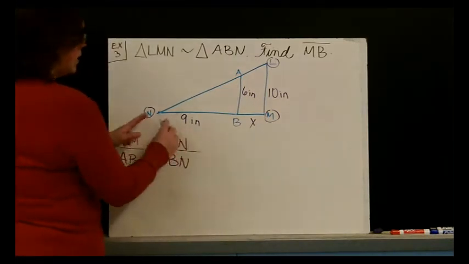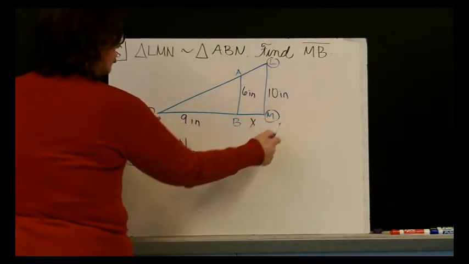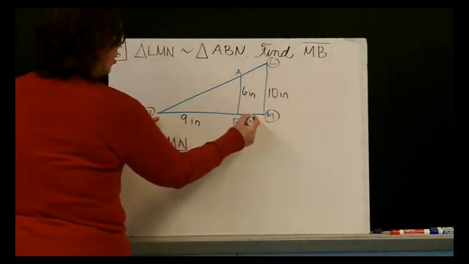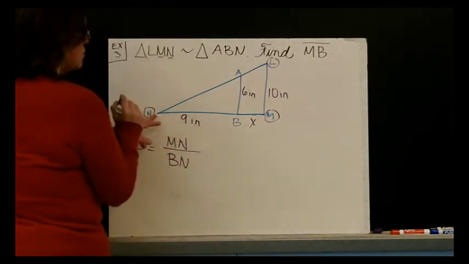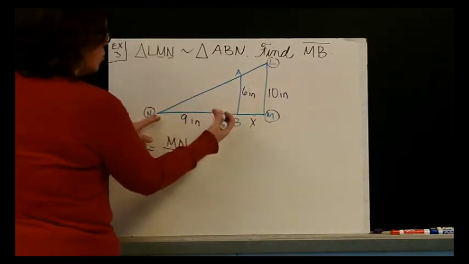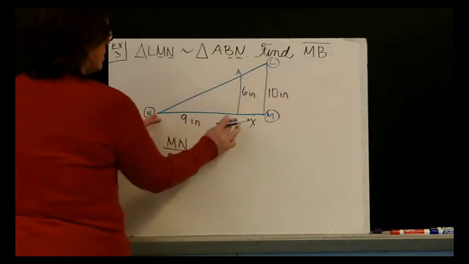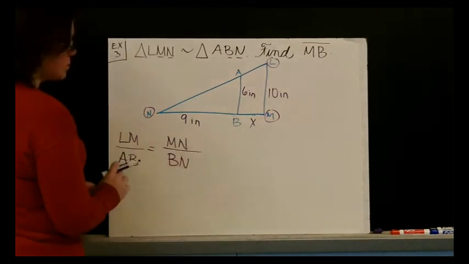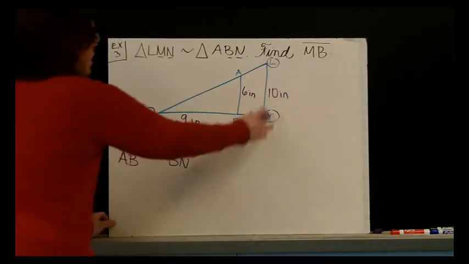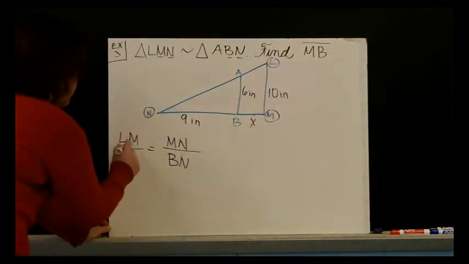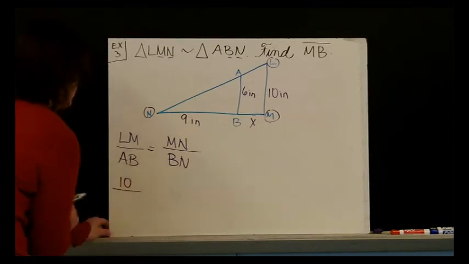Do you see that? The base of the larger triangle goes from point M all the way to point N, MN. And then the base of the smaller triangle, the corresponding side, is BN, B to N. Now what we'll do is fill in what we know. We know that side LM has a measurement of 10 inches.